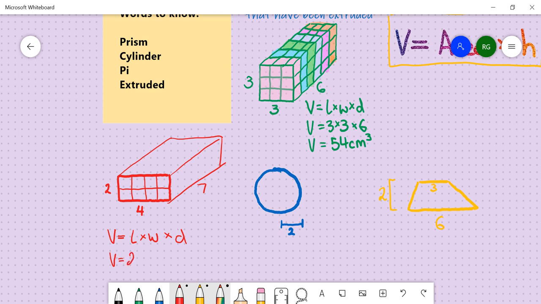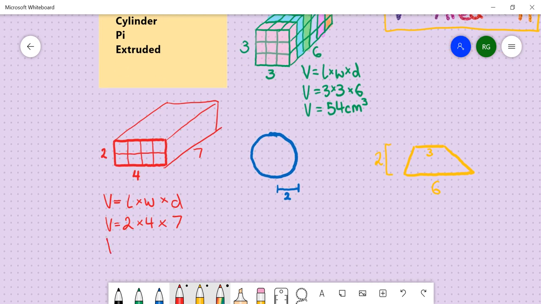So the volume is 2 times 4, which will be our 8, times 7. Volume equals 56 centimeters cubed.